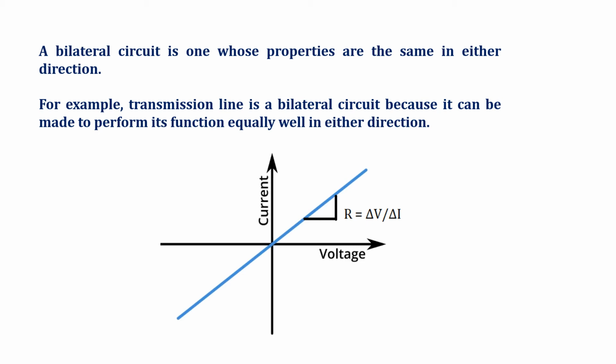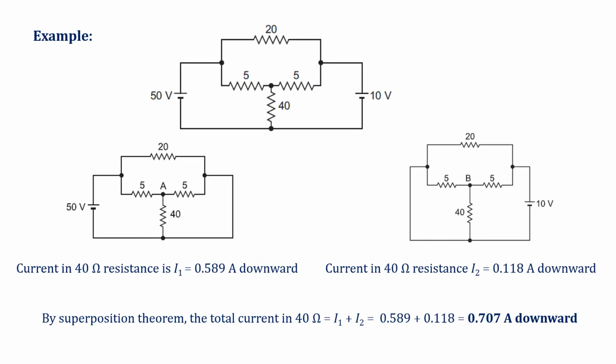You can see the first circuit, which consists of two voltage sources, 50 volt and 10 volt, and some resistances, 20 ohms, 5 ohms, 5 ohms and 40 ohms. As per the superposition theorem, let us assume I need to find out the current flowing through this 40 ohms resistance.